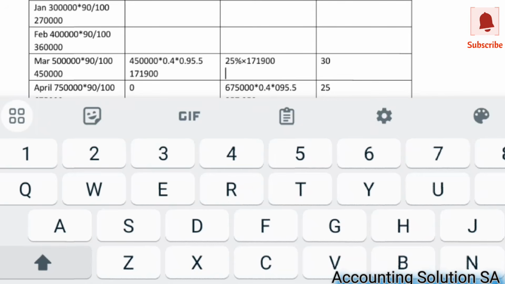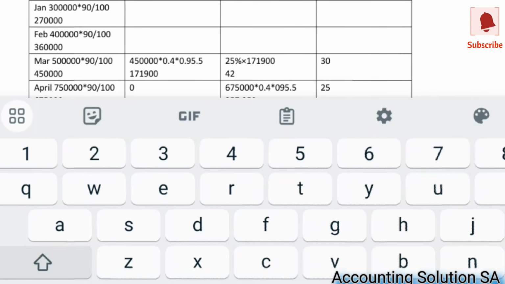Let me calculate. 171,900 multiplied by 25% is going to give us 42,975.